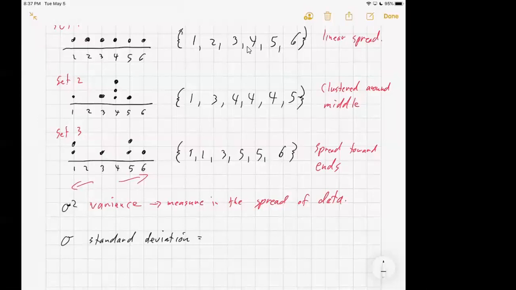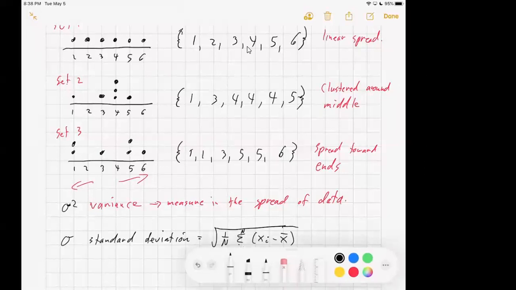And there's a formula in the book for standard deviation, which is the square root of 1 over n, where n is the number of elements in the sample, times the sum from i equals 1 to n of x sub i minus x with a bar over it. Okay, and that's the formula.